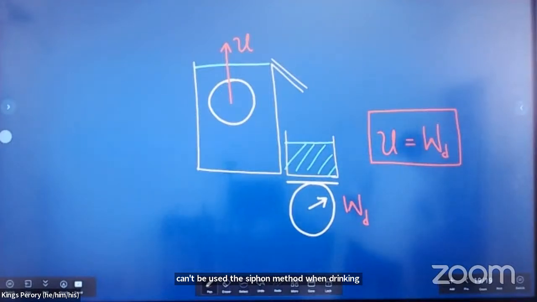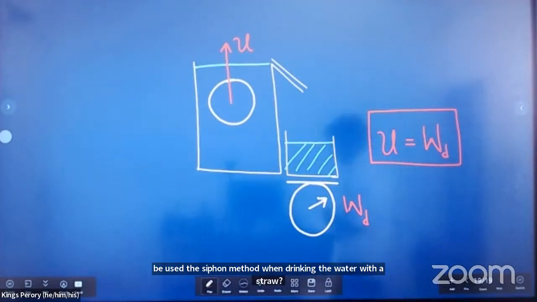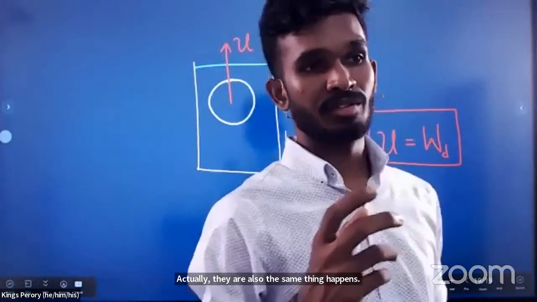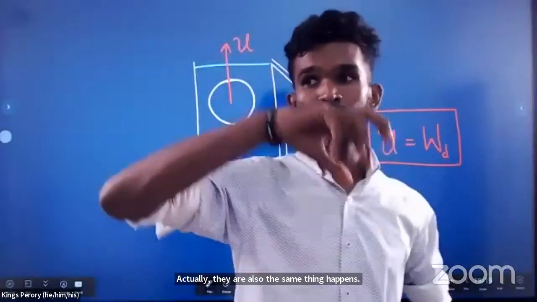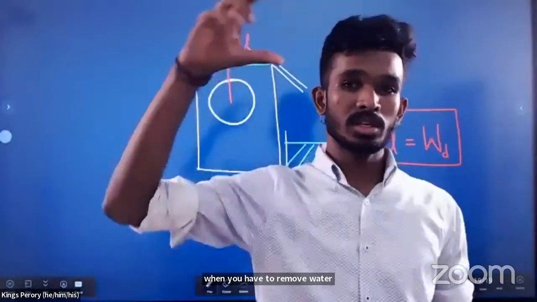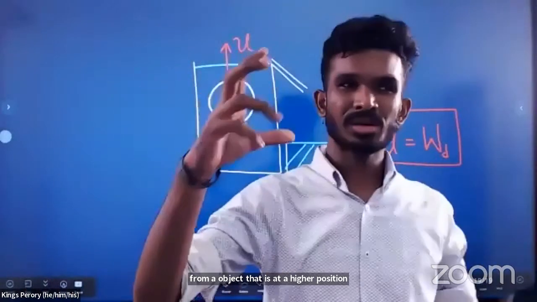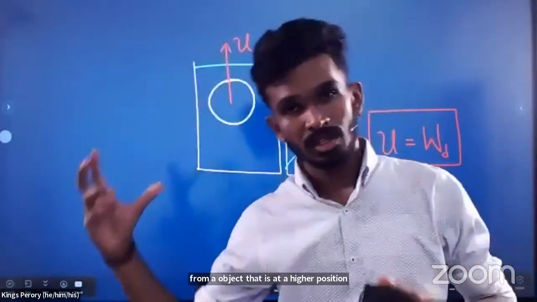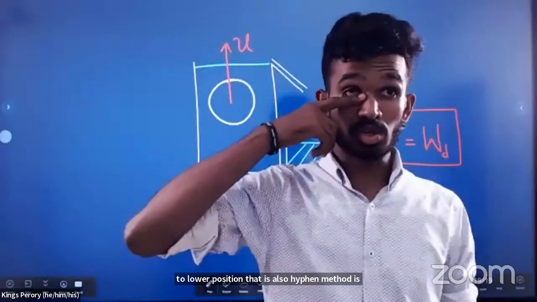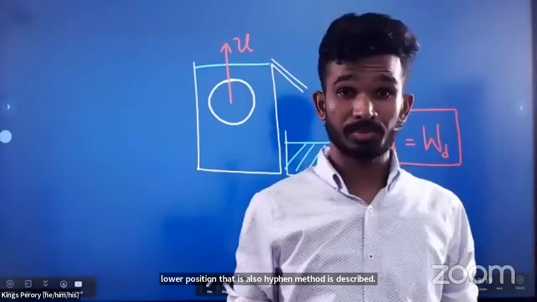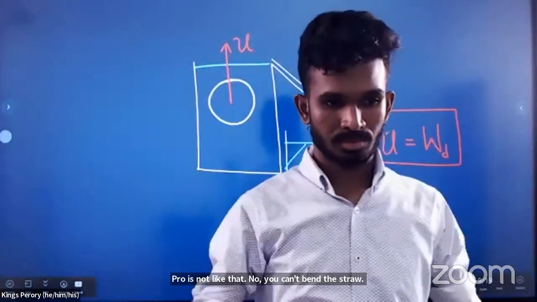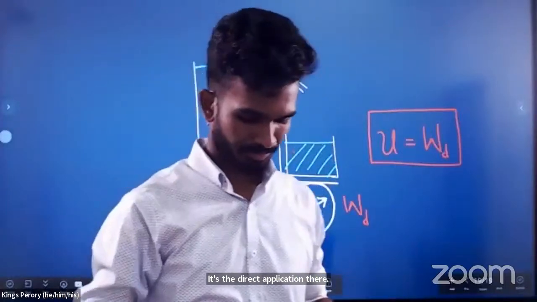Actually, the same thing happens, but the siphon method is specifically defined when you remove water from a tank at a higher position to a lower position. That is how the siphon method is described. A straw is not like that. You can't bend the straw. It's the direct application there. Okay, sir. Thank you.